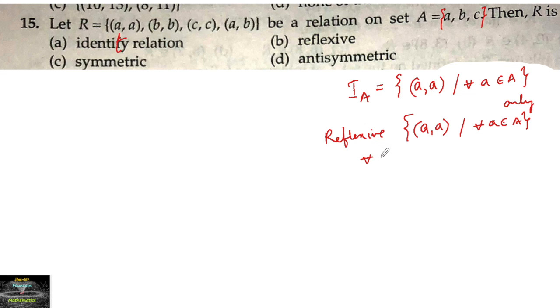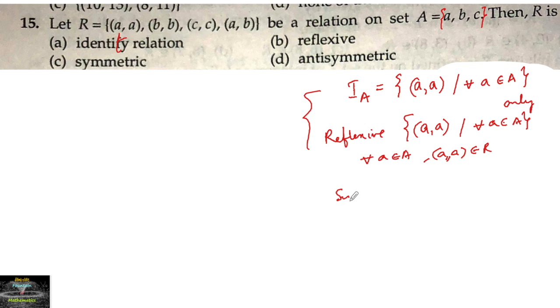That means for every a belongs to A, (a, a) must belong to R. This is the only condition. We can take other ordered pairs also, like (a, b) may exist, (a, c) may also exist. That's the difference between the reflexive and identity relation.